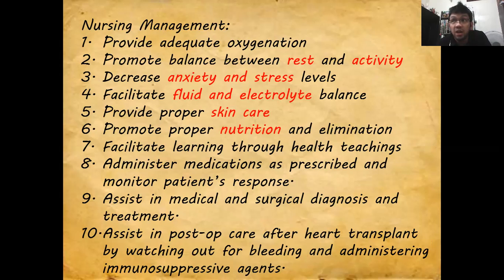We need to tell the patient to avoid foods that are high in sodium. So they should avoid salt or salty foods, like canned goods, since they're high in sodium. Also, chips, peanuts that are highly seasoned with salt. We should avoid those. And facilitate learning through health teachings.